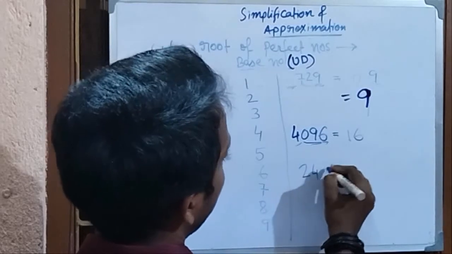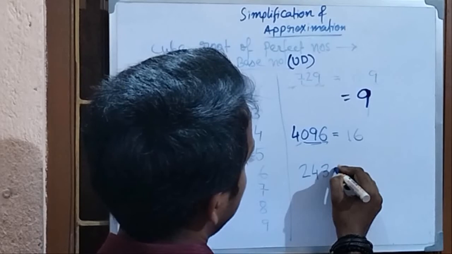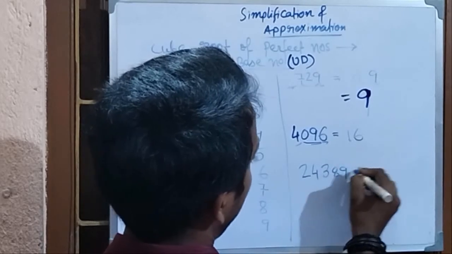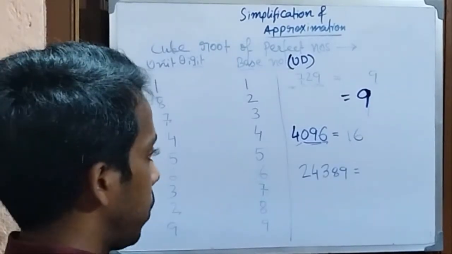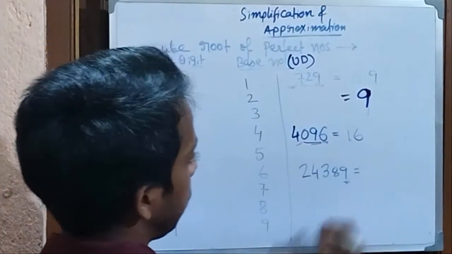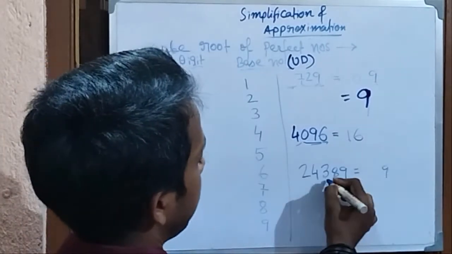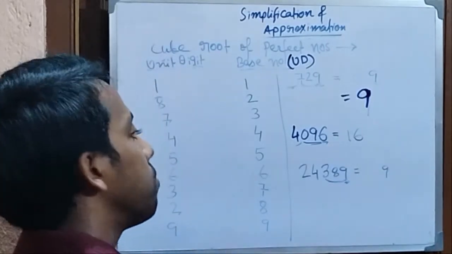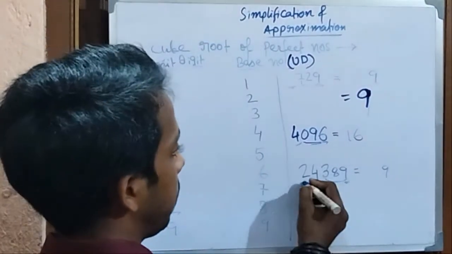Two, four, three, eight, nine. 2, 4, 3, 8, 9. Here 9 is the unit place digit, so only 9 comes, and we will take 3 digits at a time and then move to the next part. 24 is there.